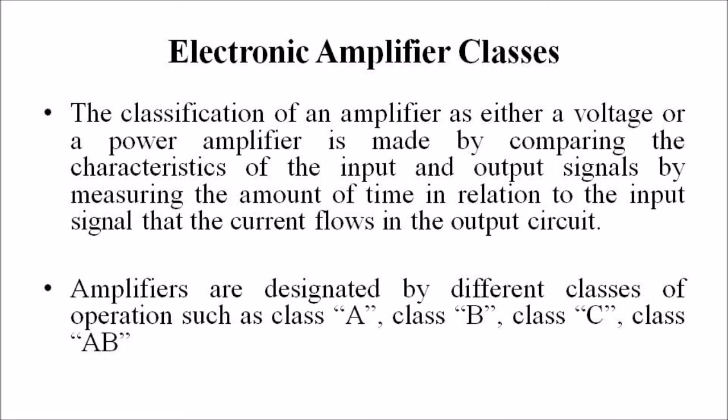With the introduction of a base bias voltage, different operating ranges and modes of operation can be obtained, which are categorized according to their classification. These various modes of operation are better known as amplifier classes.